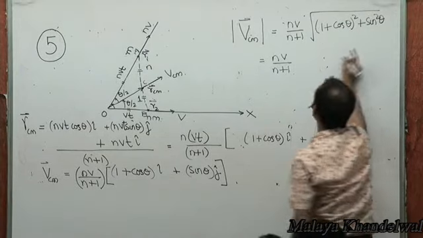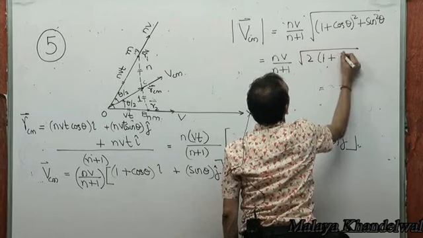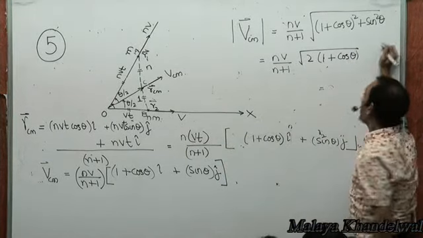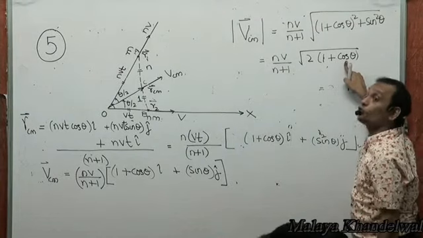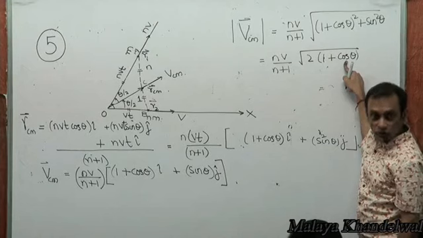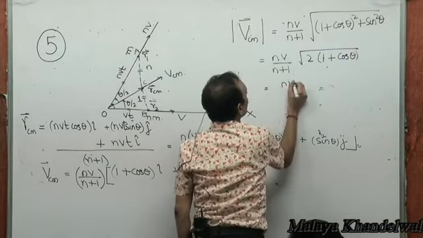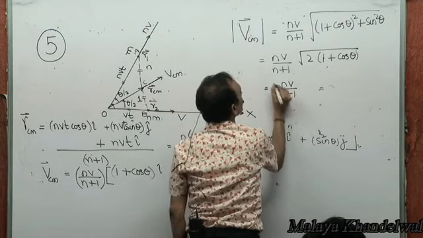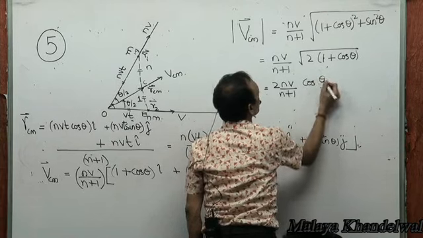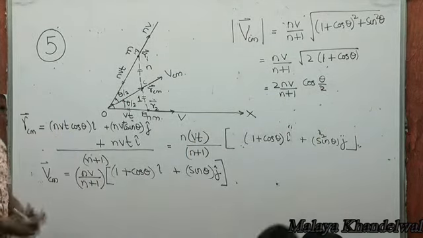So root 2 into (1 plus cos theta). And 1 plus cos theta you can write as 2 cos square theta by 2, yes or no? So this is like nV by n plus 1 into 2 cos theta by 2.